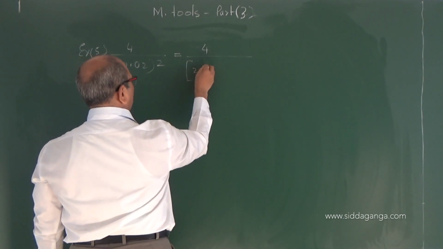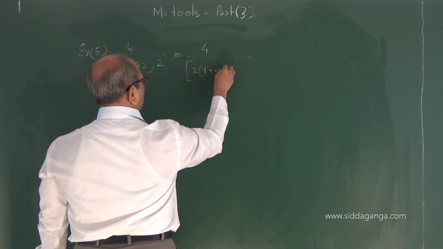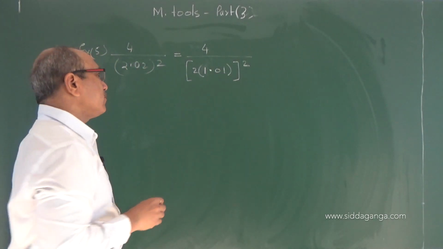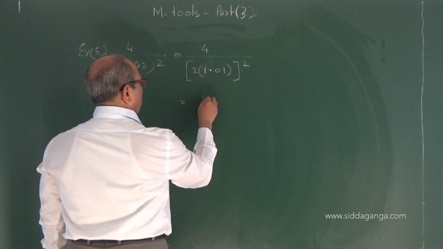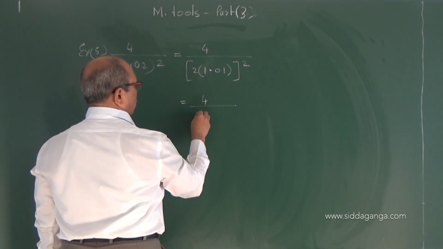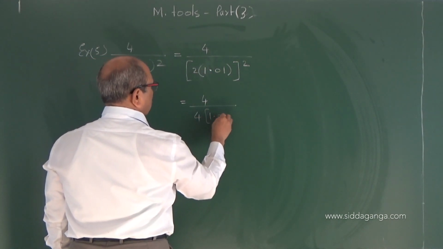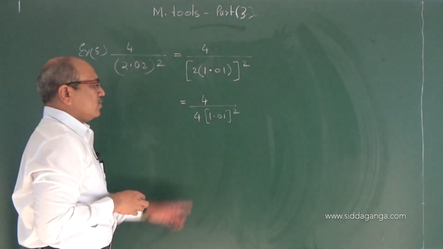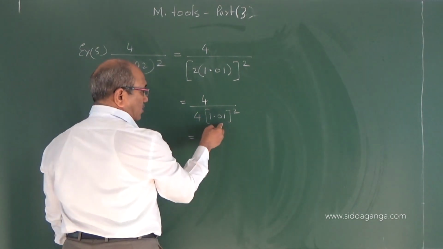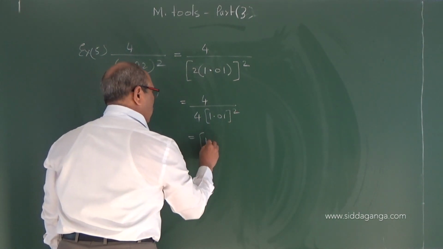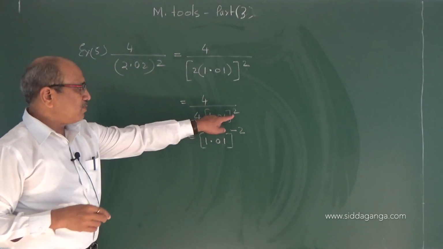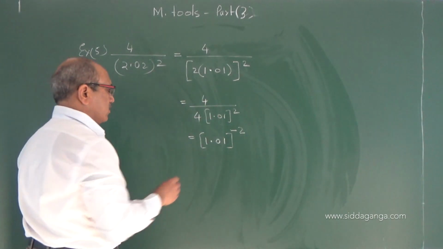Inside I can write 2 if you bring out 1.01 whole square. Am I right? Then 4 divided by, according to the law of indices, 2 square is 4 into 1.01 to the power square. 4 gets cancelled. I take this to the numerator. If I take it to the numerator, it becomes minus 2.